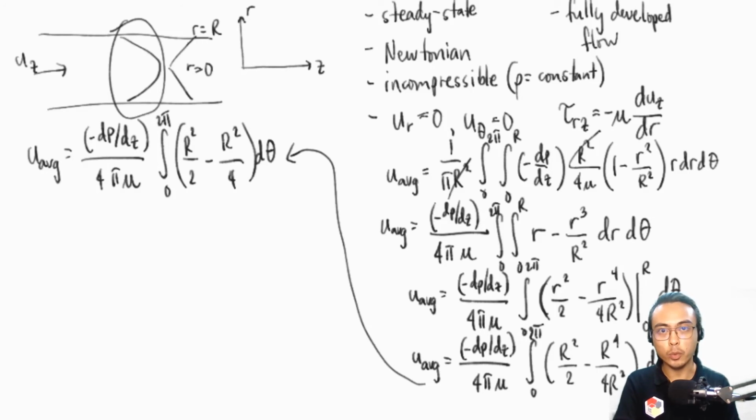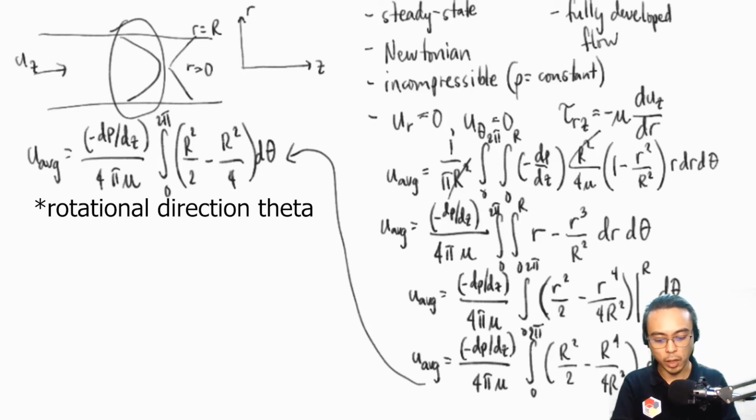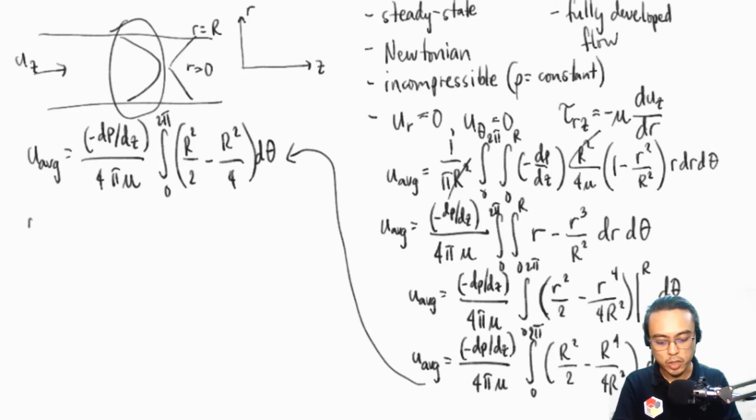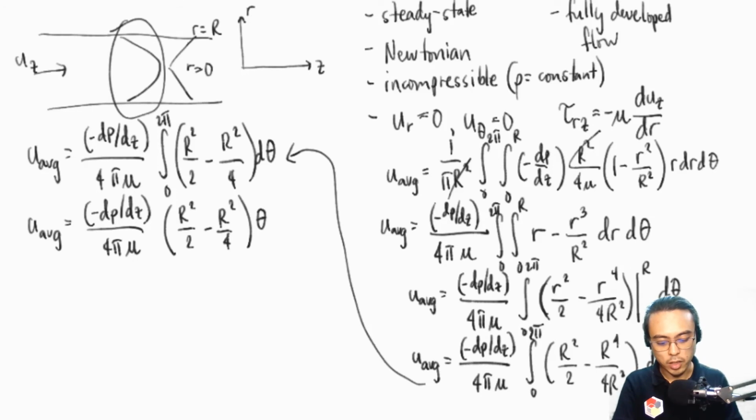Now let's integrate with respect to the angular position theta. We have u average equal to negative dp over dz over 4 pi mu times R squared over 2 minus big R squared over 4 times theta, limits from 0 to 2 pi.